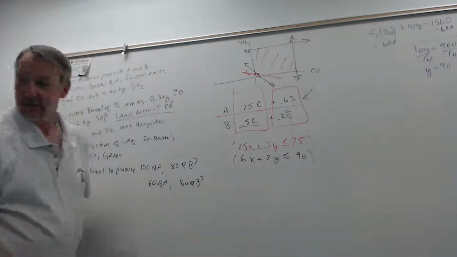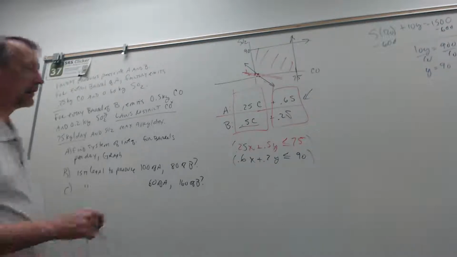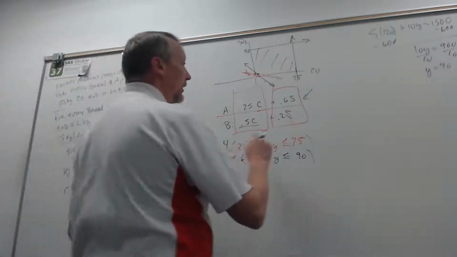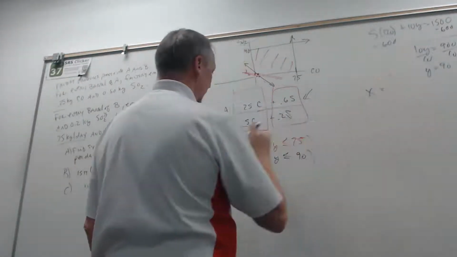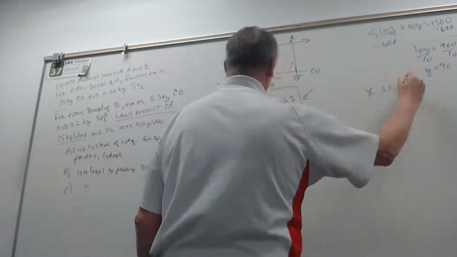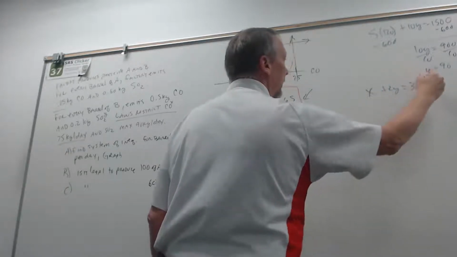So the hint is here, multiply the first one by 4 and the second one by 5. 4 times 1/4 is 1x. 4 times a half is plus 2y. 4 times 75 is 300.